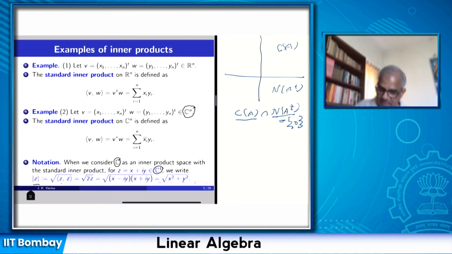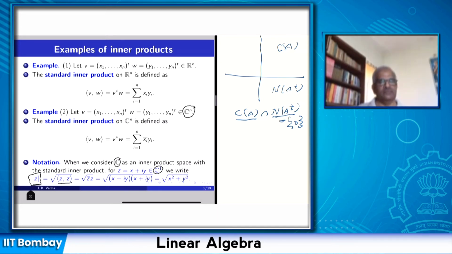But z bar z, by our definition of the standard inner product in Cn, is simply the inner product of z with itself. So z bar z is (x minus iy)(x plus iy), and that is the square root of x squared plus y squared, which is the absolute value of z. Therefore the absolute value of a complex number is simply the square root of the inner product of that complex number with itself.